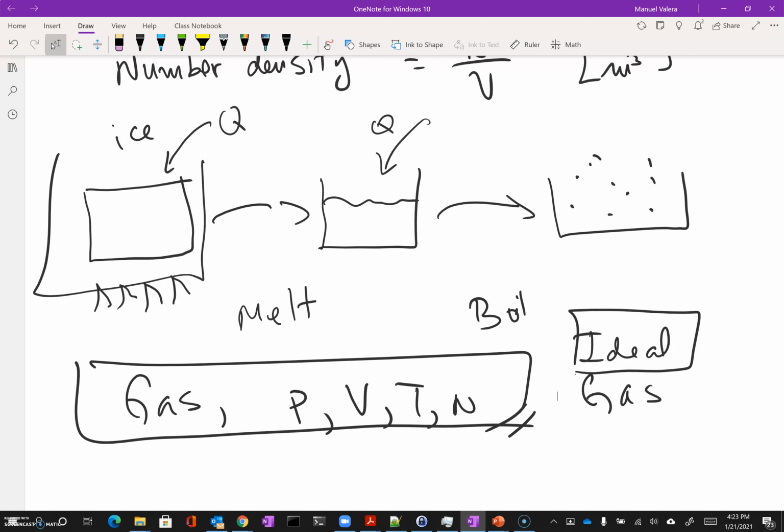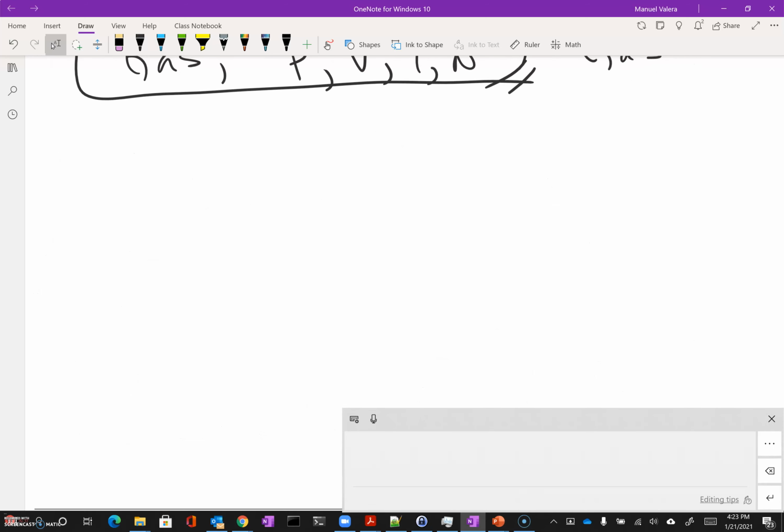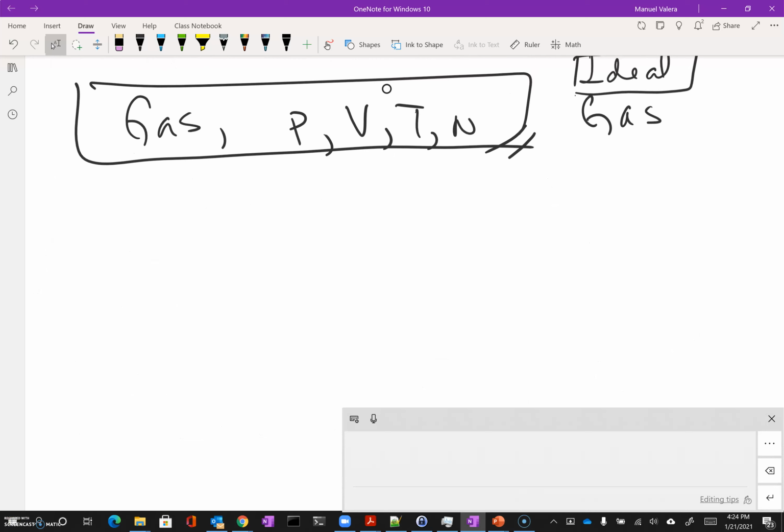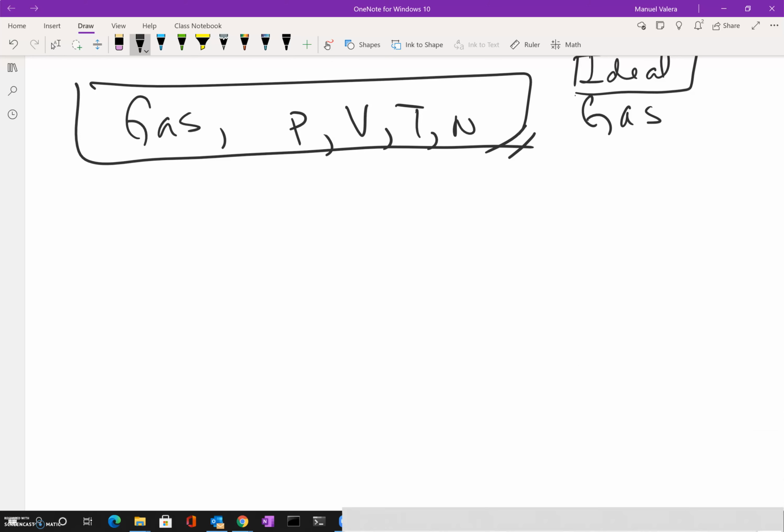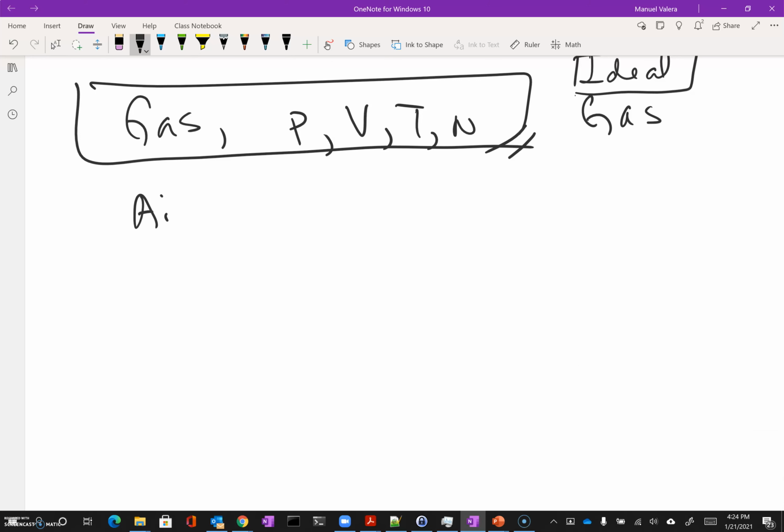Let me give you some values for density so we have an idea. For the two most important values for density, air is 1.28 kilograms per meter cubed. Imagine a box that is 1 meter by 1 meter by 1 meter.